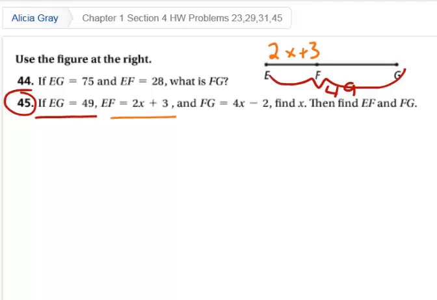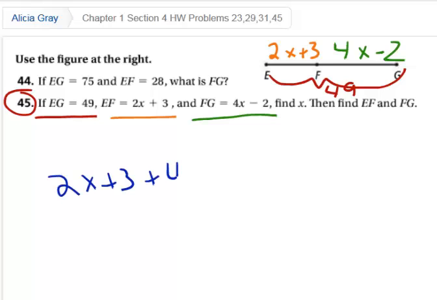And then FG is 4x minus 2. So I'm just going to use the segment addition postulate. The orange plus the green equals 49, the whole big red. So it would be 2x plus 3, I'm just going to use one color, plus 4x minus 2 equals 49.